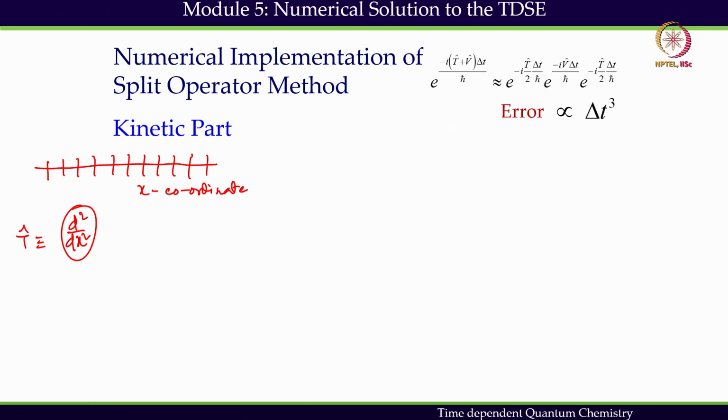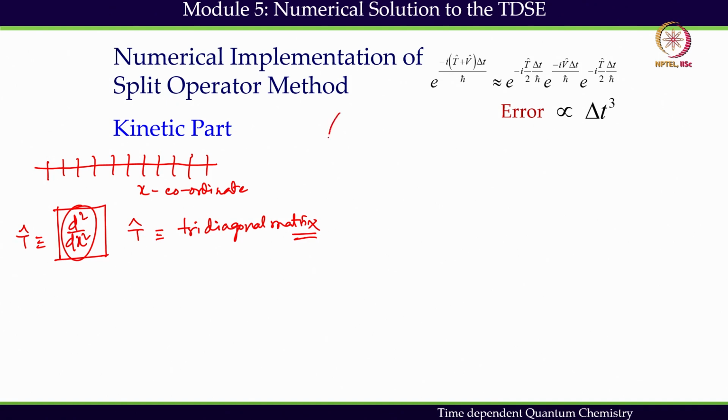in module 4 we used the finite difference method to represent this derivative operator, and in the end, because it's a second derivative, the T operator has adopted a tri-diagonal matrix. This has been presented already in module 4, the last module.